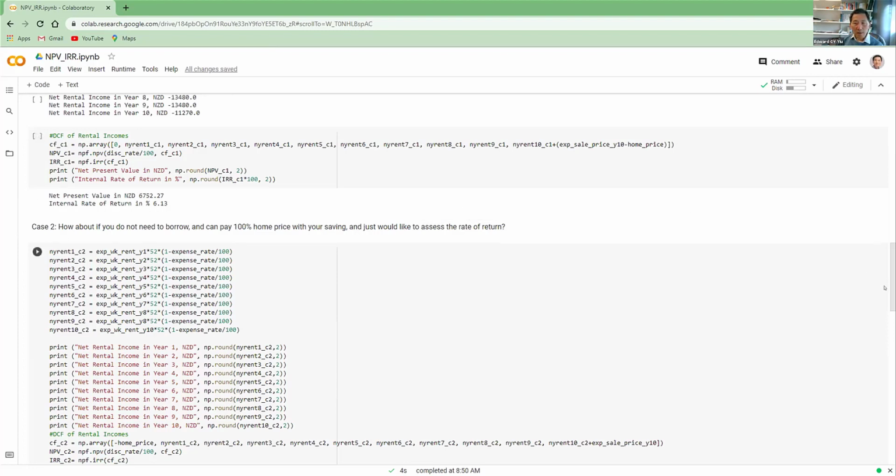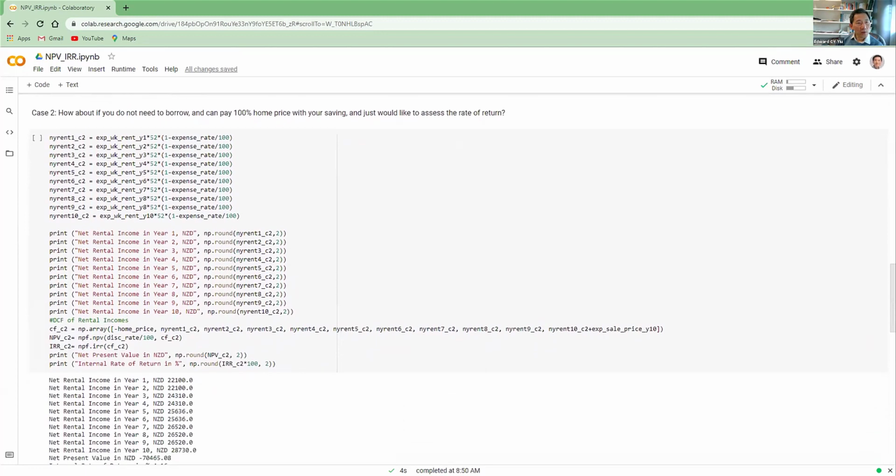Okay, then let's take a look at case 2. Case 2 is 100% saving. That means you do not borrow any cents. You can buy it by yourself. Okay, so we define net rental income yearly in case 2, which does not deduct the annual interest payment because you do not borrow.